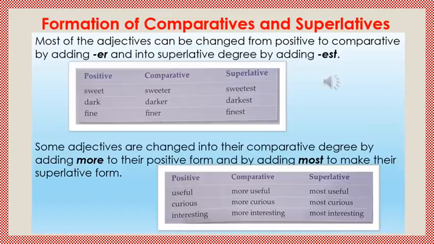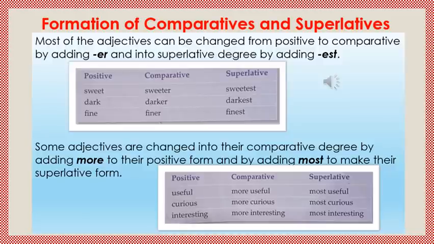Now we can see how the comparative and superlative degrees are formed from the positive degree. We all know that, and we have studied the same thing in class 7. If you go through class 7, you will get so many examples and things in detail.